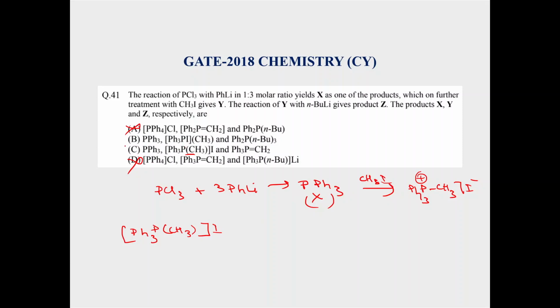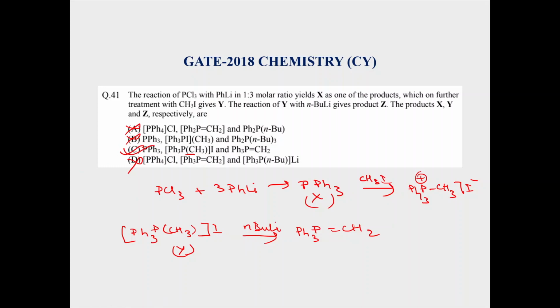So among the given options B and C, this is the correct one. This is Y. So we can eliminate option B as well. Option C is the correct option. But also the next step, the addition of n-butyllithium to this, will generate an ylide, PPh3=CH2. So option C is the correct option.